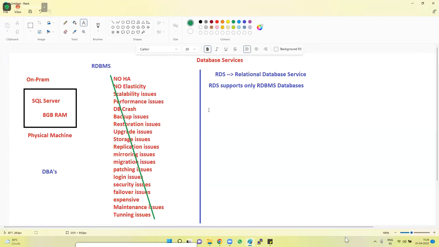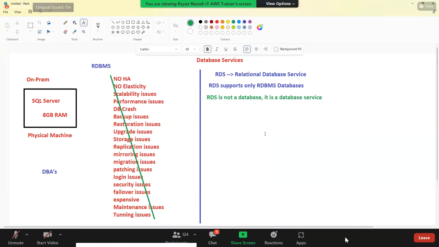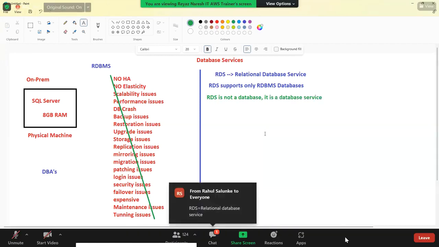Remember, RDS is not a database, guys. It is a database service. Don't say RDS is a database. RDS is a database service.